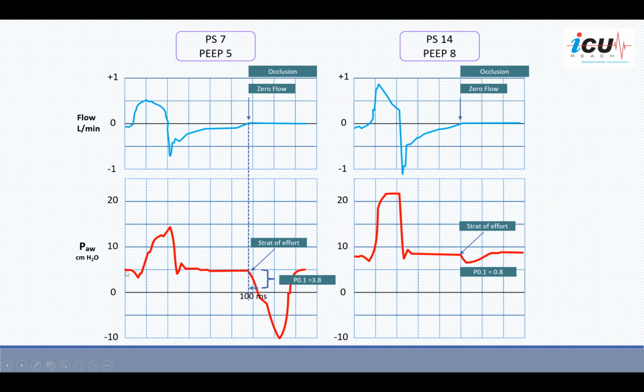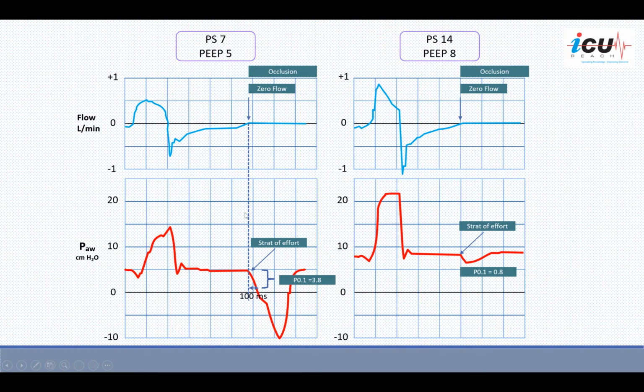You can see that the patient drops the pressure and triggers the ventilator. The pressure goes up to pressure support of 12, total pressure of 12, 7 plus 5, 12 centimeter of water in the first breath, which is triggered. And now let's do an occlusion test here.